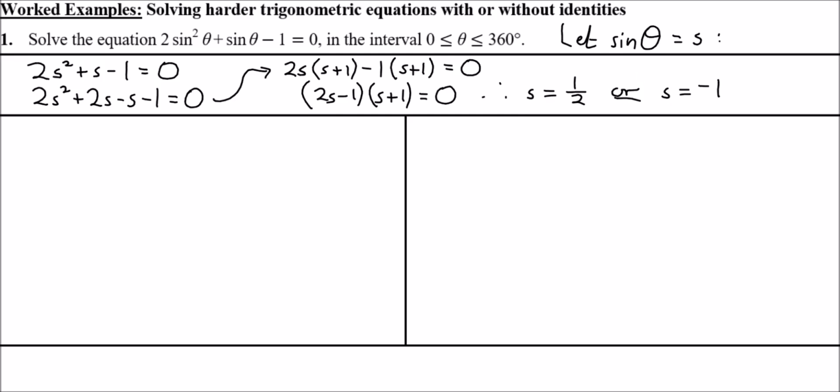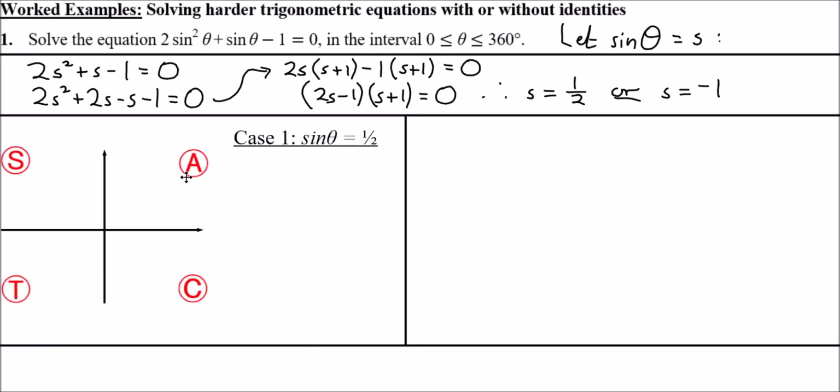So the first case to consider is the case where sine theta equals a half. So let's consider where sine theta is equal to a half and get the CAST diagram up and ready. So I'm going to just draw on the big X here, going through the origin. So where sine theta equals a half, we can work out the principal value of theta. So principal value, I'm just going to be lazy and say PV.